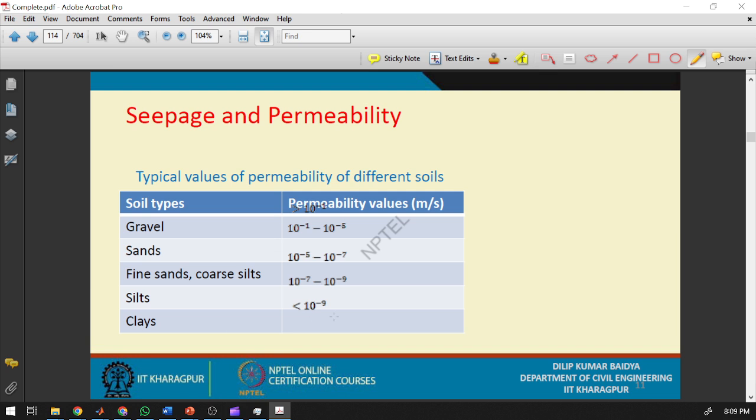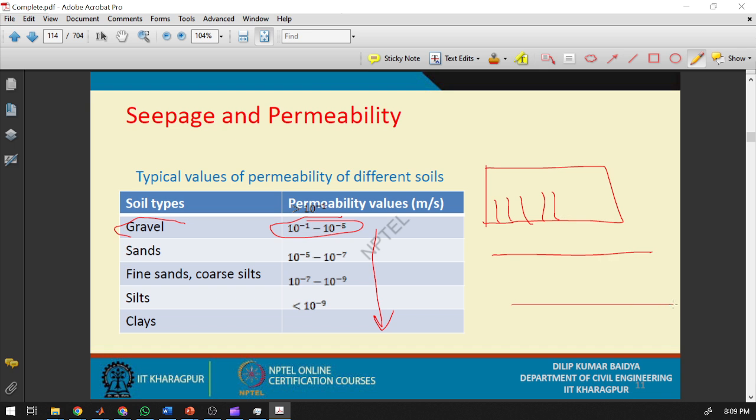Typical values of permeability, we can see that the value of permeability is high for gravel, and it just decreases as we go down, because as we go to finer soils, the size of the pores is reducing. And when we used to study fluid mechanics, there is a frictional force between the walls, and there is a boundary layer we used to study.